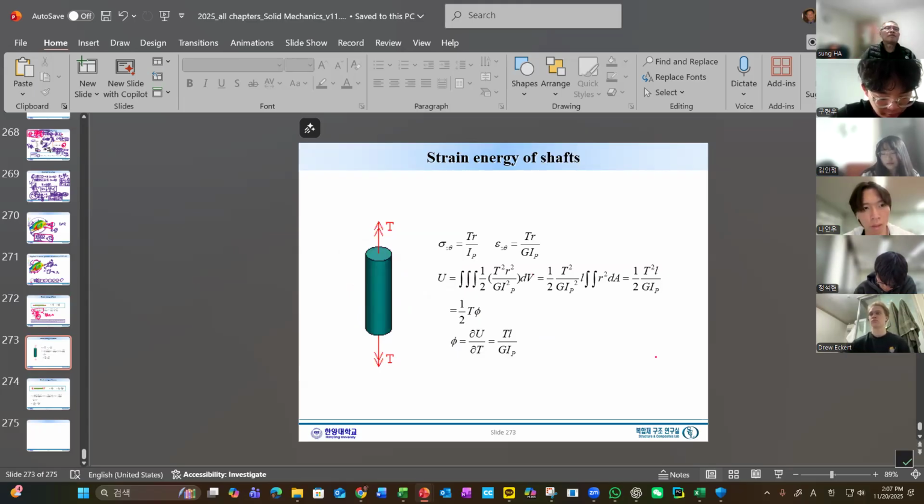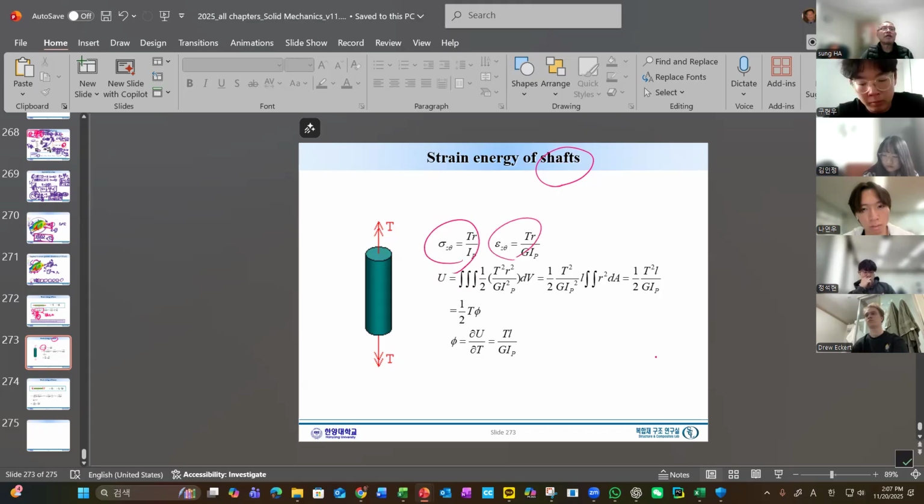The same story goes for a shaft. I'd like to briefly introduce the shaft. More than 90% of students already learned the shaft, so that's why I skip it. But I'd like to spend about 30 minutes to cover the shaft and torsion theory today. Anyhow, for the shaft, this is the stress and this is the strain, and exactly the same thing.